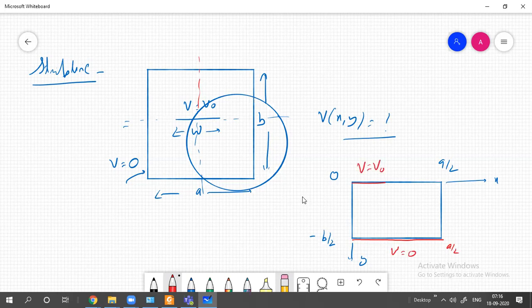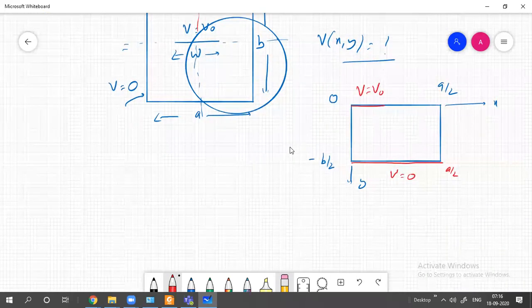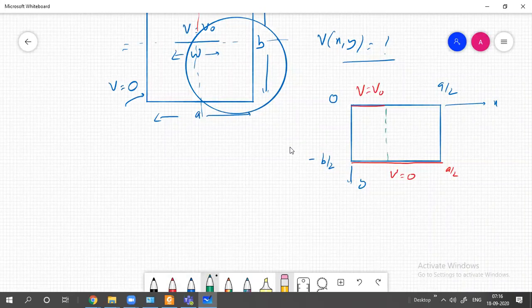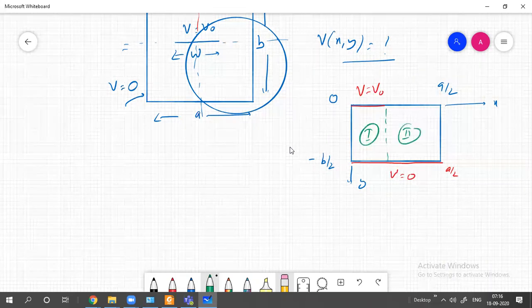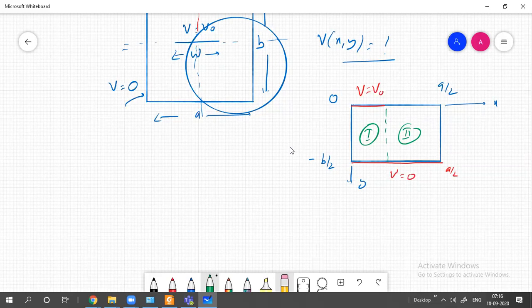We used the series expansion method to find the voltage in the regions. We took two regions, region 1 and region 2, and found the voltage in both, which we did in the last class.